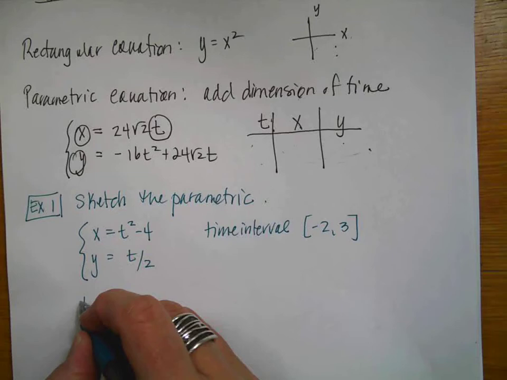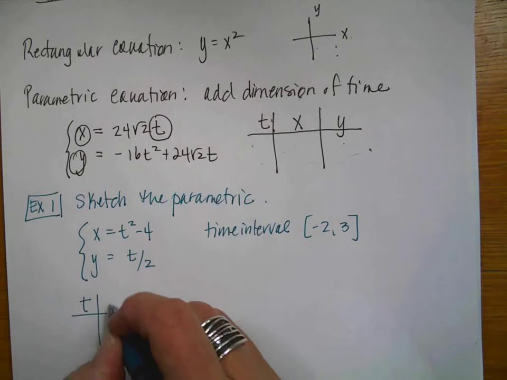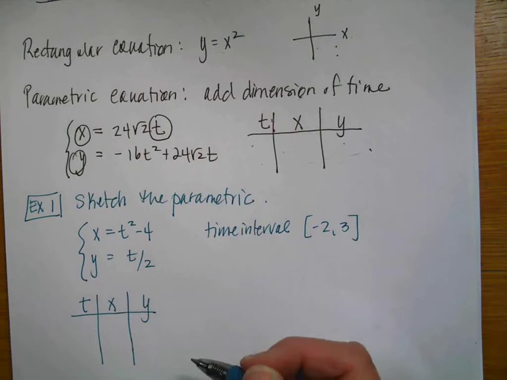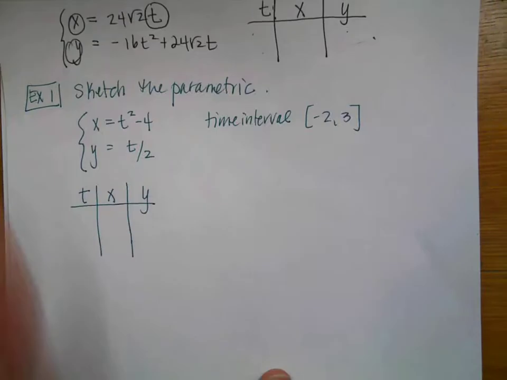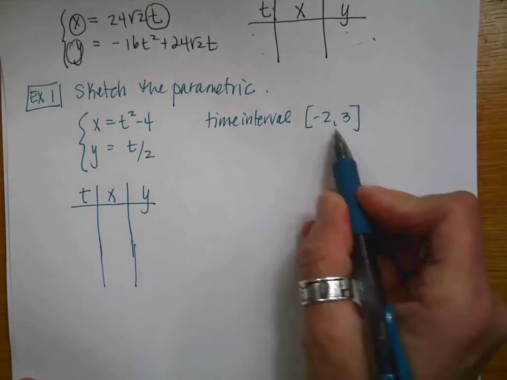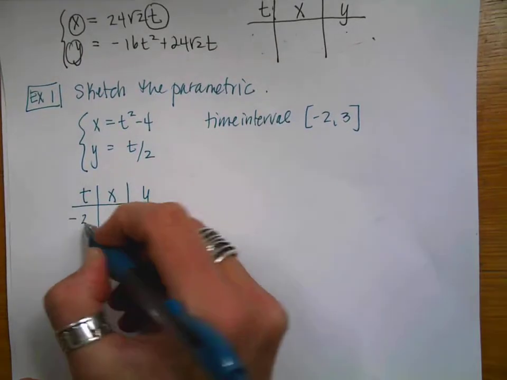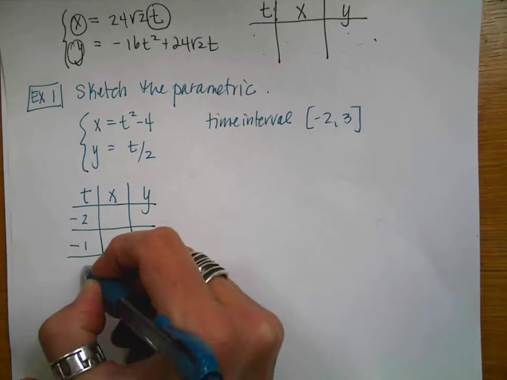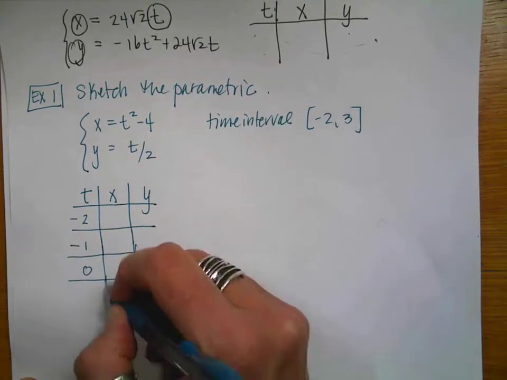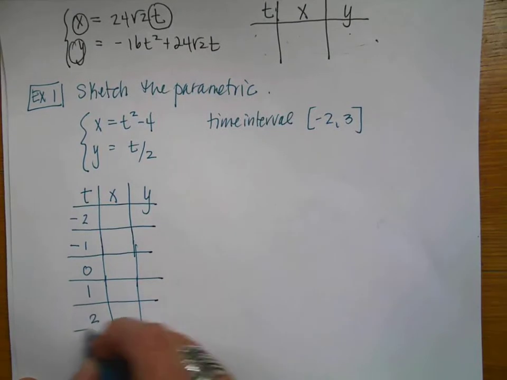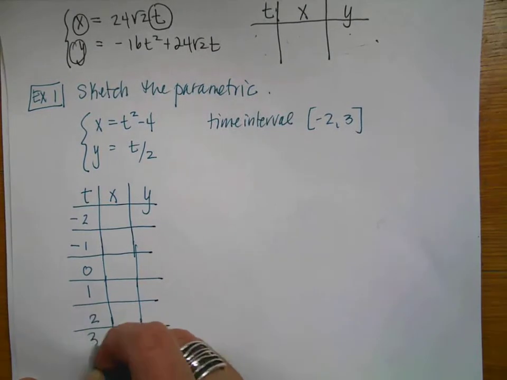So I'm going to make a t-chart that has time, and then I'm going to have x, and then I'm going to have y. So sometimes in the assignments, they're going to ask you to fill the t-chart out by hand. So if I go from negative 2 to 3, I would do a negative 2, and then a negative 1, and then a 0, and then I'm going to enter a 1, a 2, and a 3.